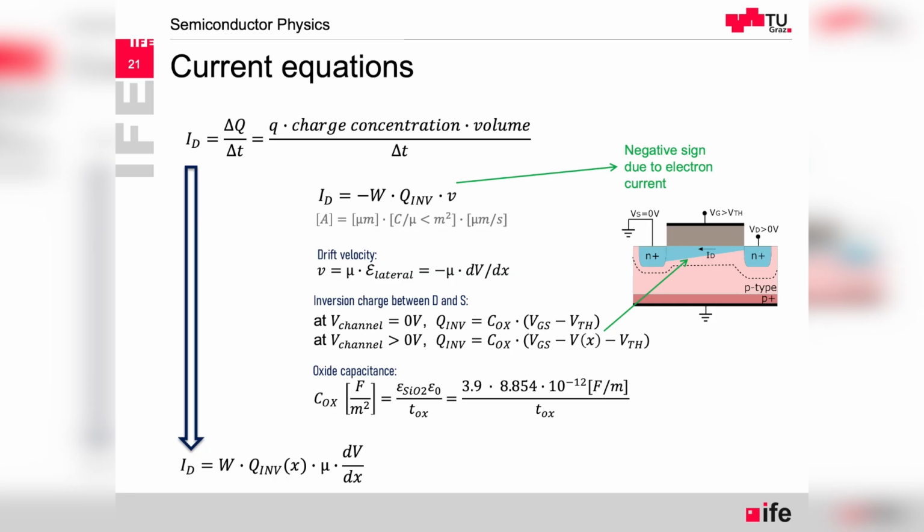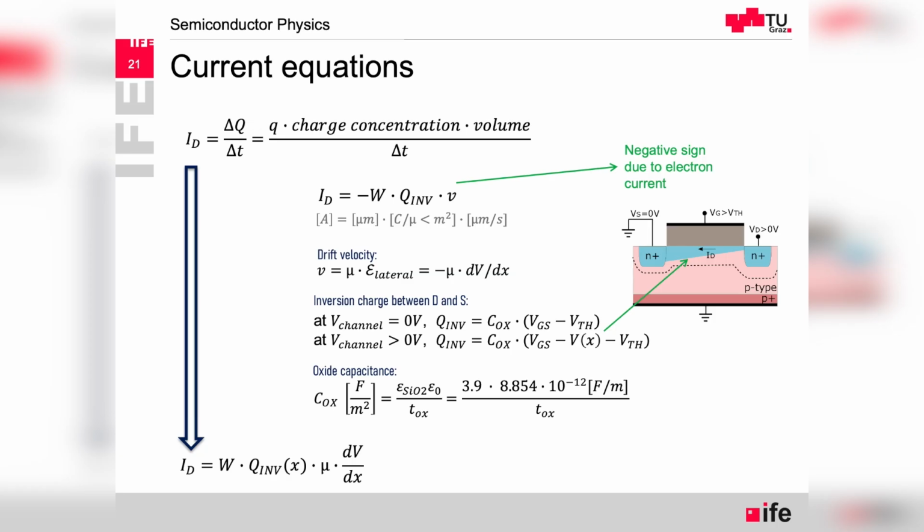It's A, B, C. And we can rewrite it by using some specific geometrical properties of the transistor. First of all, starting with width, that's the total width of the channel, so that will be one of the dimensions. And the inversion charge, Qinf, is typically expressed as charge per meter square.